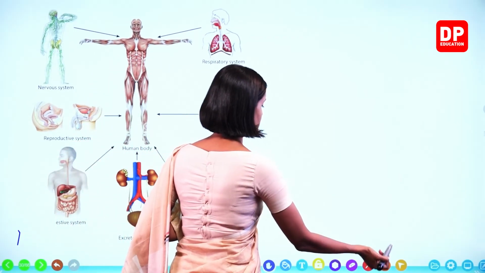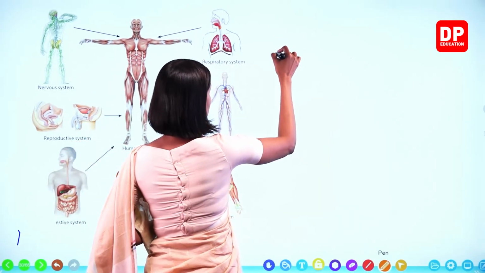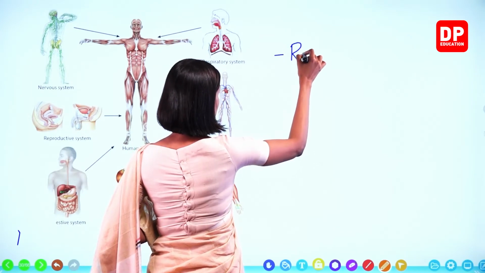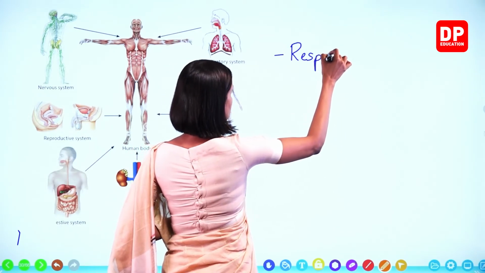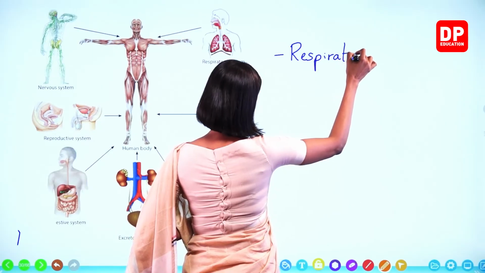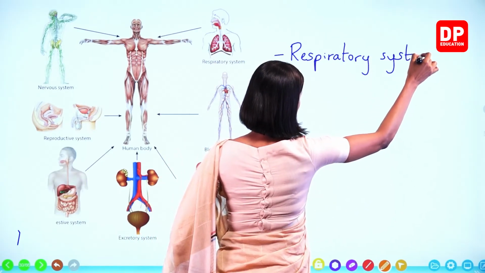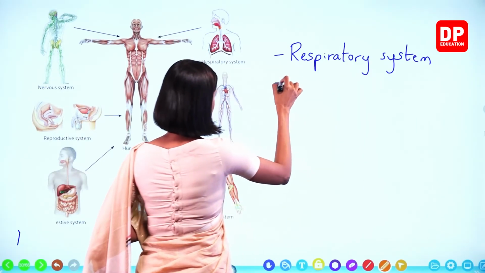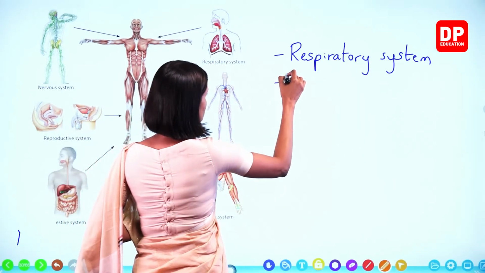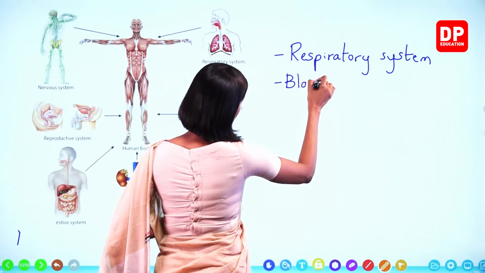Right, children? Here, respiratory system. Examples for the systems. Blood circulatory system.